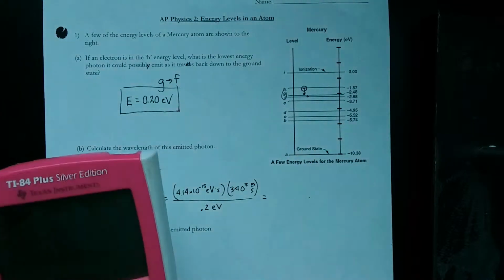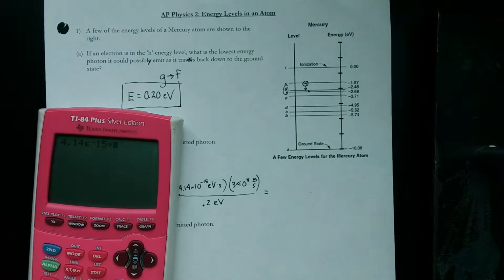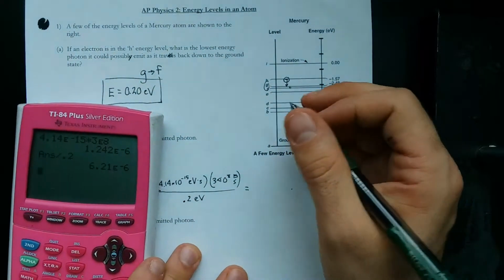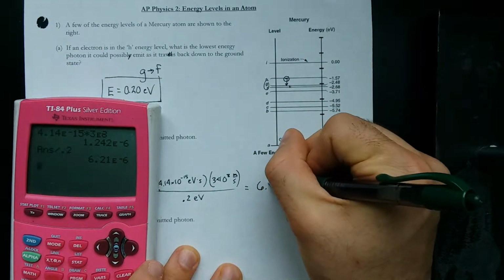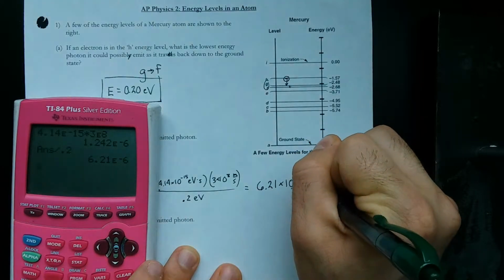And the wavelength then is 6.21 times 10 to the negative 6th meters.